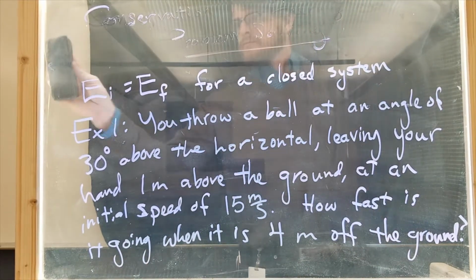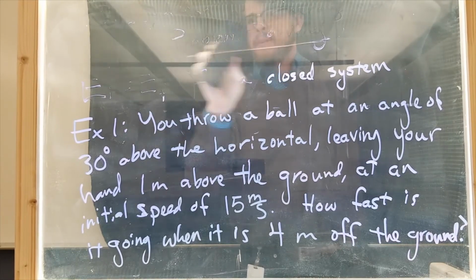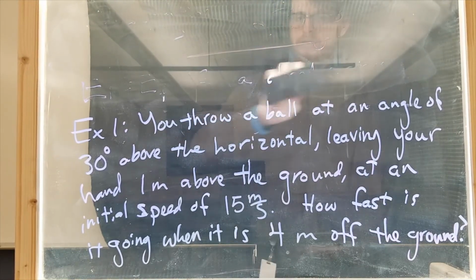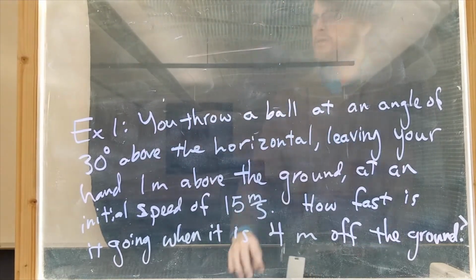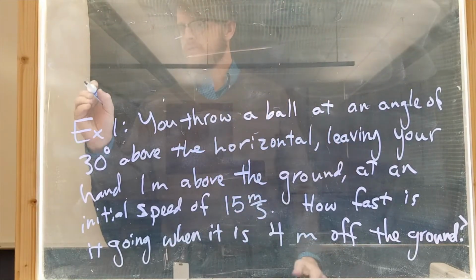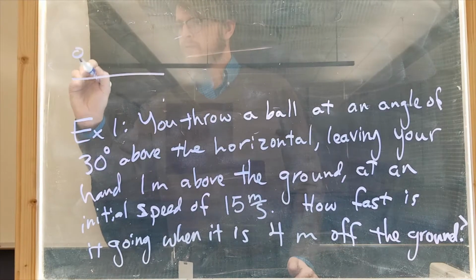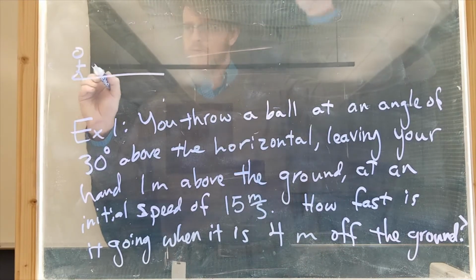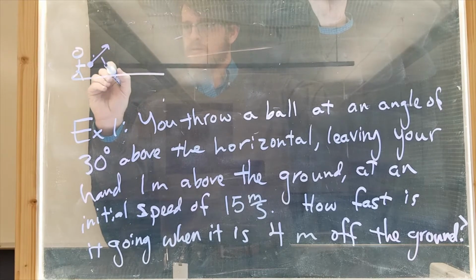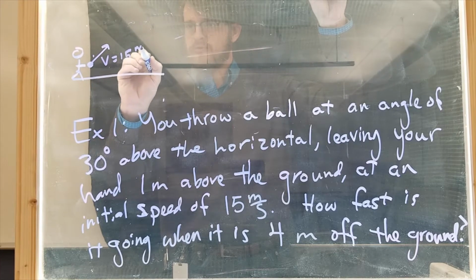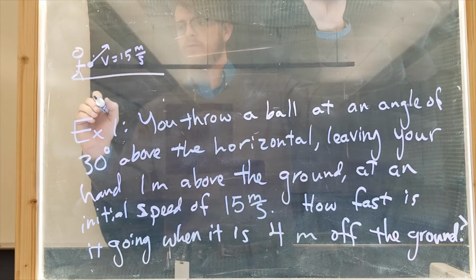Instead, let's draw an initial and a final diagram, and let's draw an energy bar chart. In the initial diagram, we've got you. The ball's here, it's going this way, velocity is 15 meters per second, and there's an angle there as well.